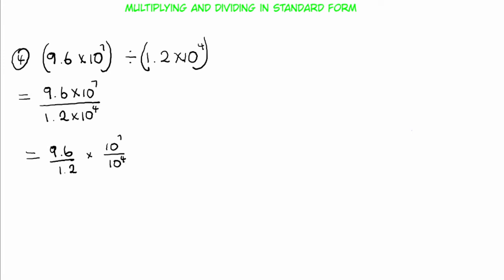Since we've already separated, we're going to go ahead and divide. So 9.6 divided by 1.2 would give us 8. Put back our multiplication sign. And 10 to the 7th divided by 10 to the 4th. What would we do here? From the laws of indices, remember, a to the m divided by a to the n would give us a raised to m minus n.